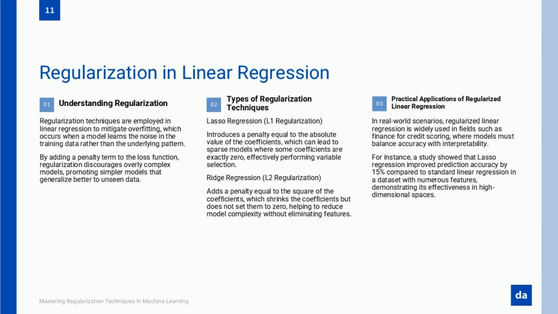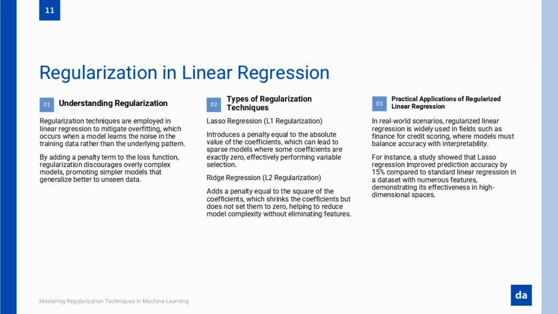L2 regularization, Ridge, in linear regression. If you have highly correlated variables, Ridge will balance them out, preventing instability. Elastic net. If you need both feature selection and balance, elastic net is the way to go. By adding regularization, your model stops memorizing noise and starts learning the actual patterns.